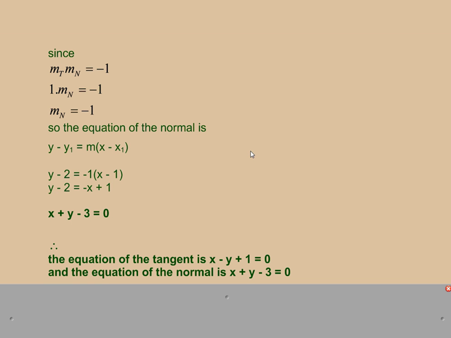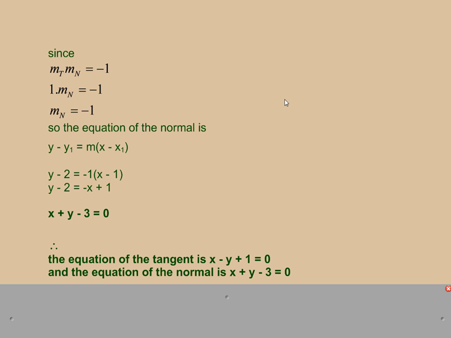In class we'll look at more examples where sometimes the point in question might be where the graph crosses the x-axis, so we need to solve to find those points, or it might be where the graph crosses the y-axis, or we might be looking to find the equation of a tangent or normal that's parallel or perpendicular to another line.